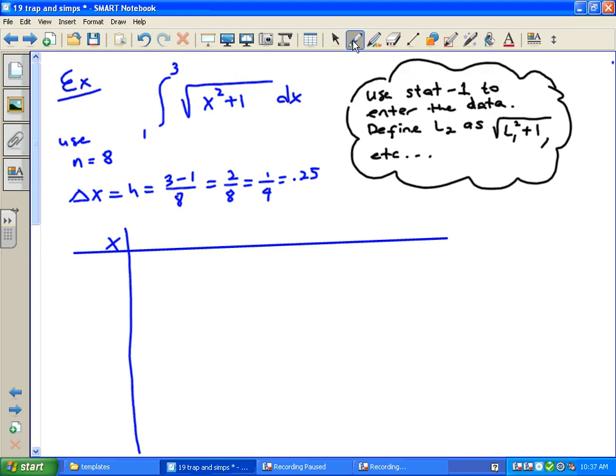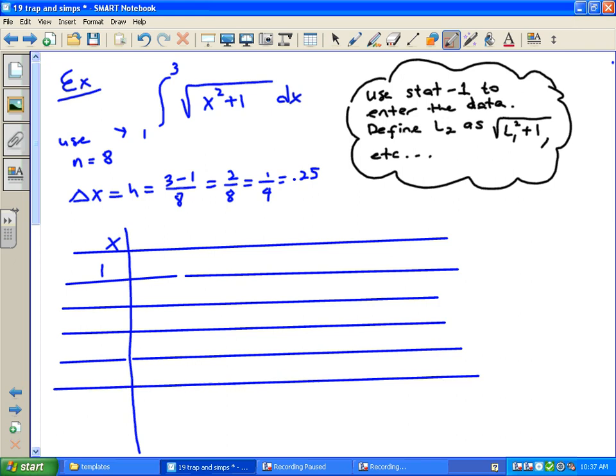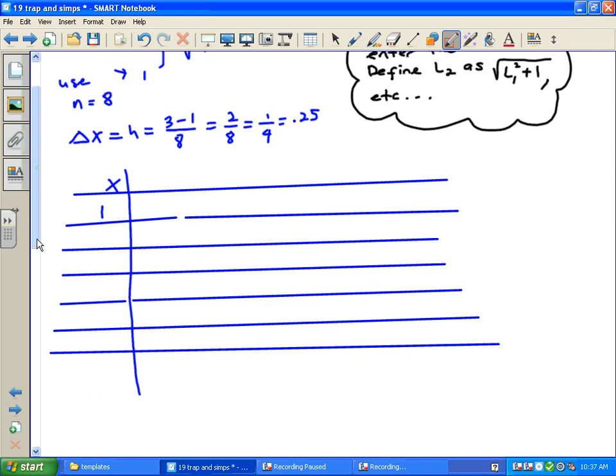So on the first column for our x partition points, where should I begin? What is the first number I should put down? It should always be your left end point of the limit of integration, or the bottom limit, which is 1. Okay, what will be the next partition point? 1.25, and from that point forward, keep adding 0.25 until you have reached the upper limit of integration.